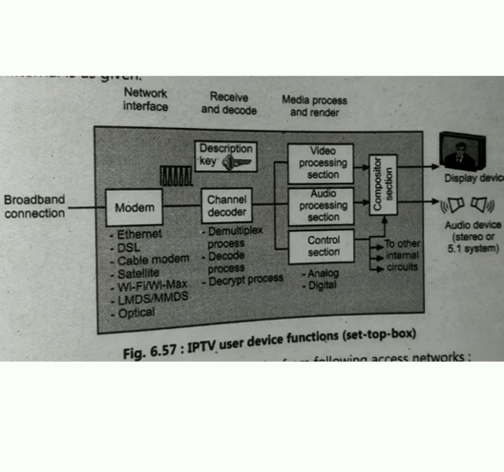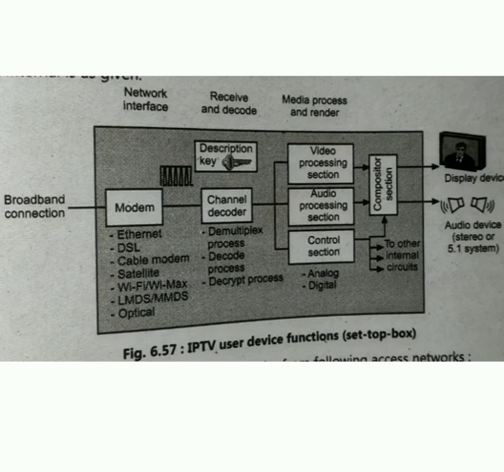So at the output of this section, which is nothing but the set top box internal diagram, we have the video signal, audio signal and control signal. The composite section divides the audio and video signals, sending the video signal to the display device and the audio signal to the loudspeaker or different stereo systems.